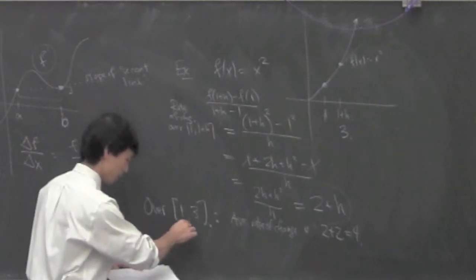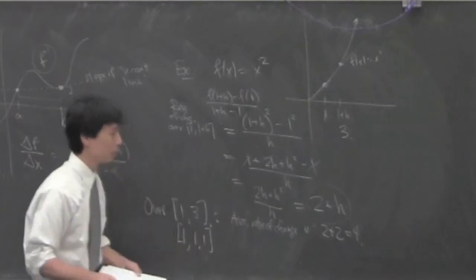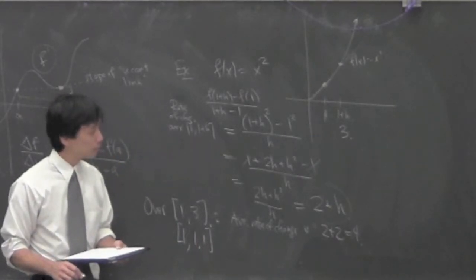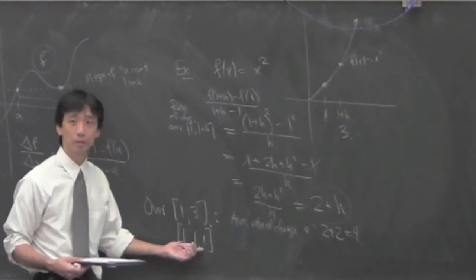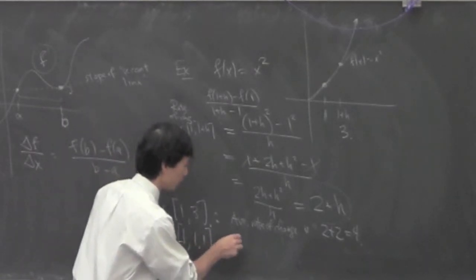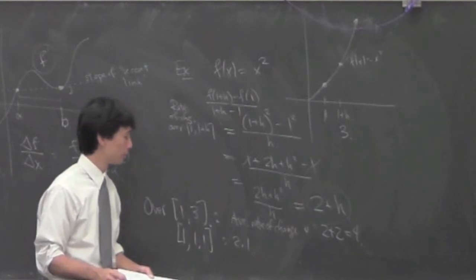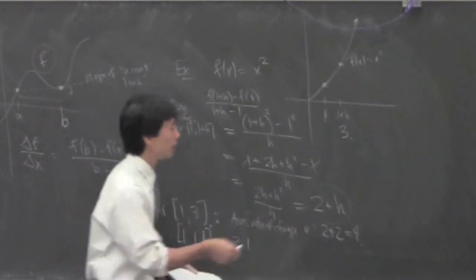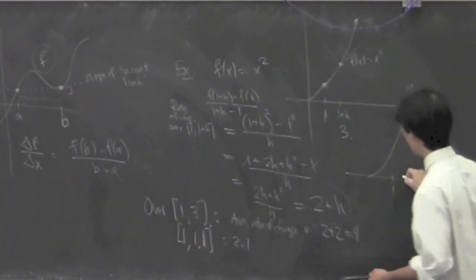Over 1, 1.1, what's the average rate of change? What's h in this case? h is 0.1, so we get 2.1. Sorry, where are we getting the 1.1? I just made it up. I'm saying let's take some.